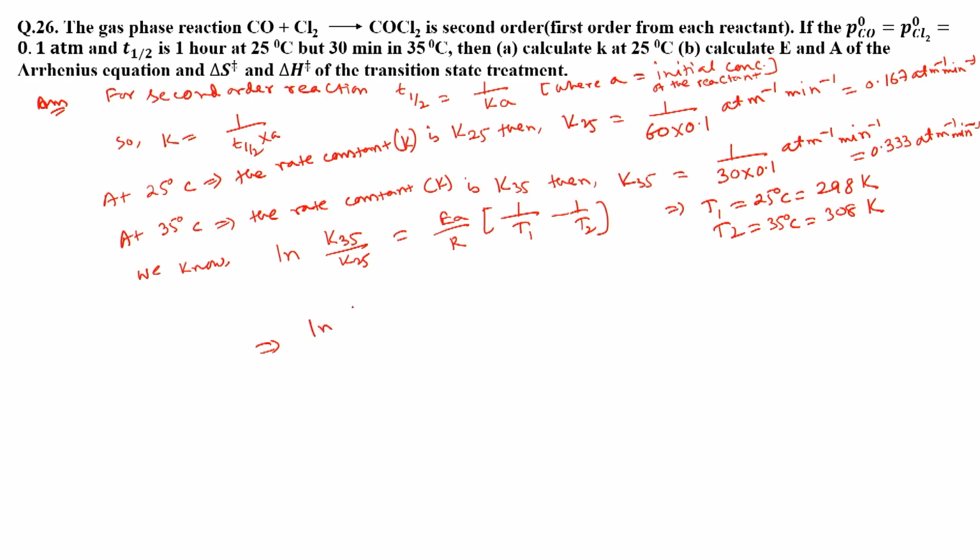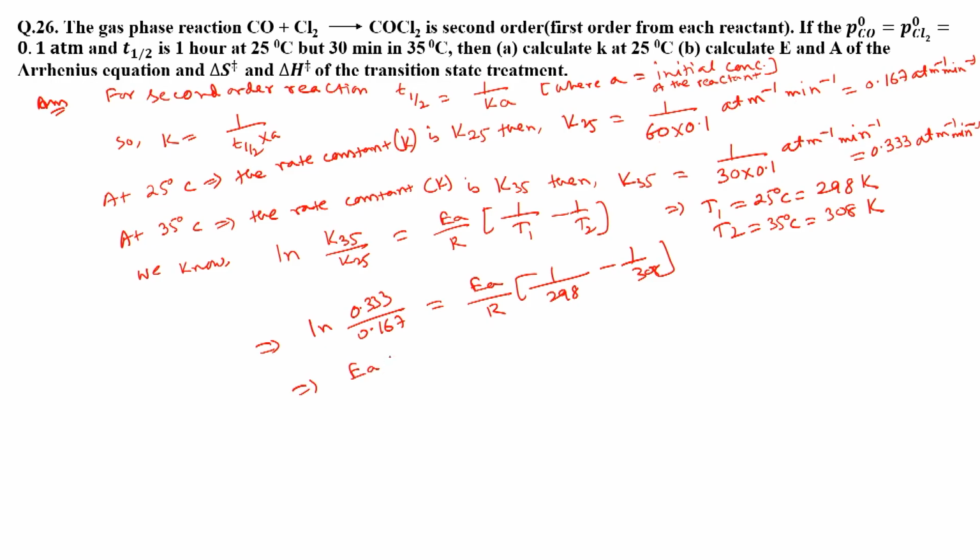So ln of 0.333 by 0.167 gives EA by R times 1 by 298 minus 1 by 308. So this gives you 2.